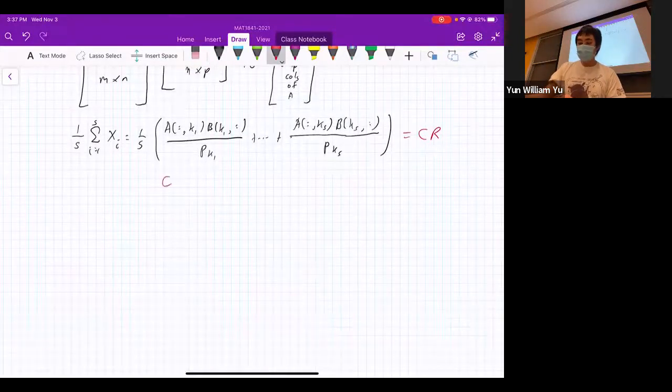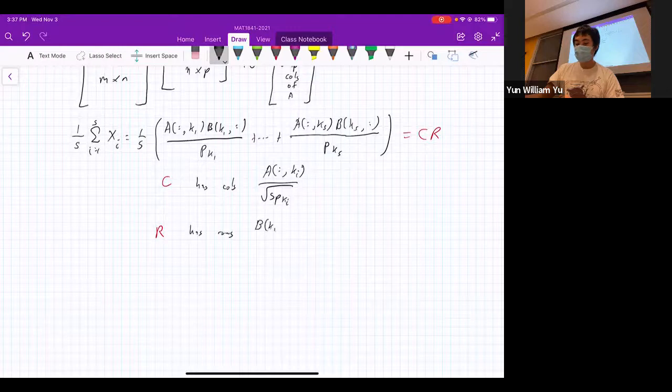Well, what is C? C has columns which are a_ki divided by root s p_ki, and R has rows which are b_ki divided by root s p_ki.